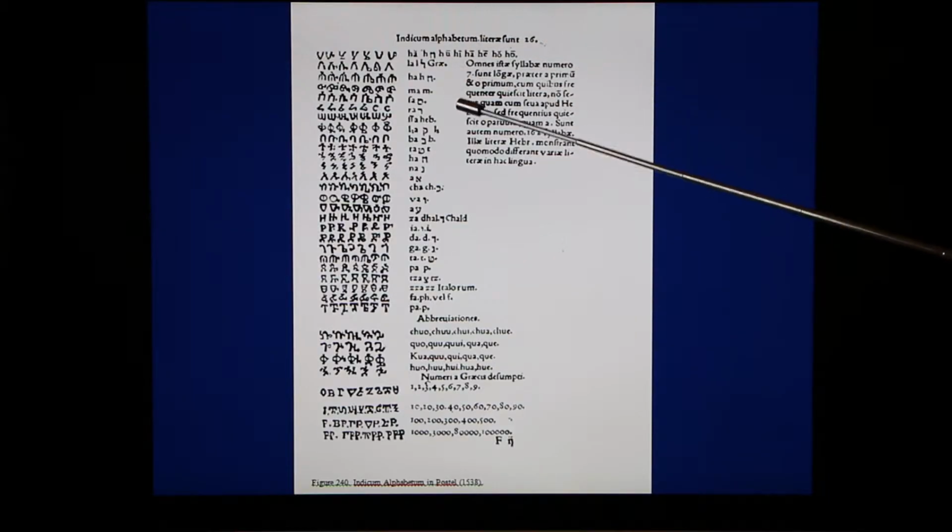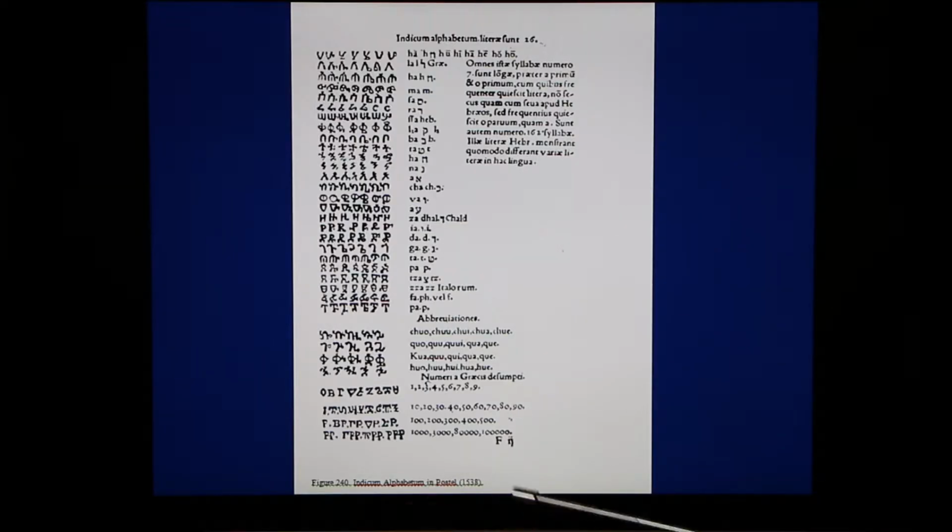So if I go A-L, it's B-M, C, N, and so on. So if you learn to think of this as A-L, A-M, this is just a little twist. Now we're going to come back to this because it's quite important to start to understand some of the complexities of what's going on. Anyway, here it's called Indicum.